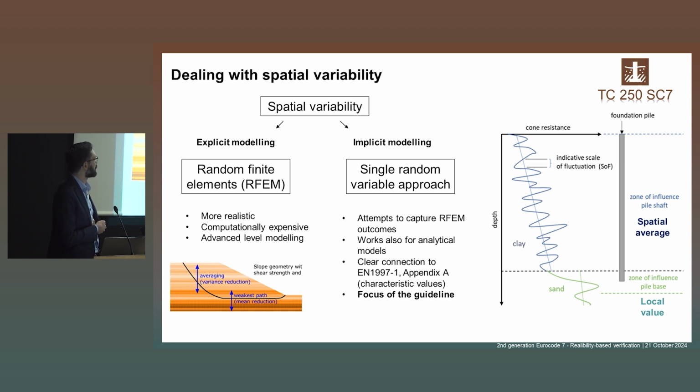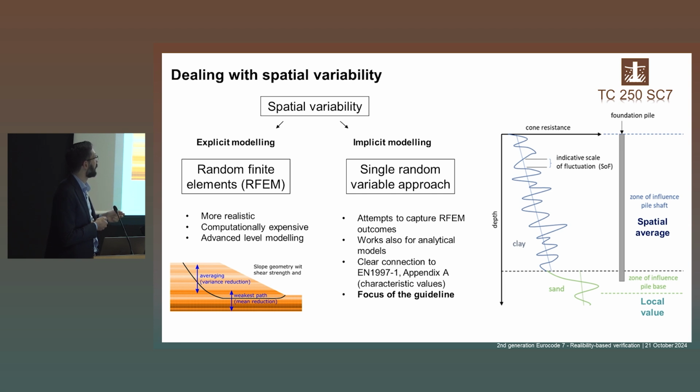For those of you who have read the code a bit, if you are familiar with Appendix A, you will also see that there is a clear connection there with the characteristic values and how those are assessed. So part of the material from this morning will also be important here.